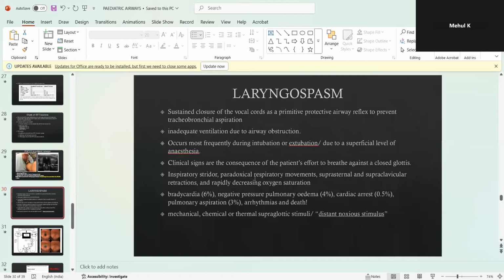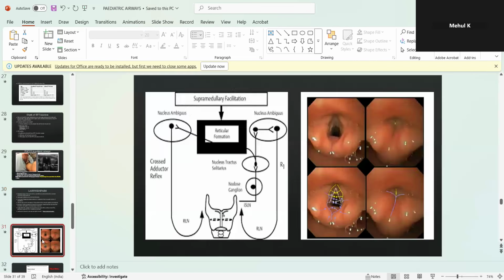When the patient tries to breathe against the closed glottis, they might even end up developing negative pressure pulmonary edema, also called post obstruction pulmonary edema. Many patients end up in cardiac arrest and pulmonary aspiration. So that's the thing. So how do you manage? This is the closely adducted vocal cords. It's honestly a nightmare to see it happen.